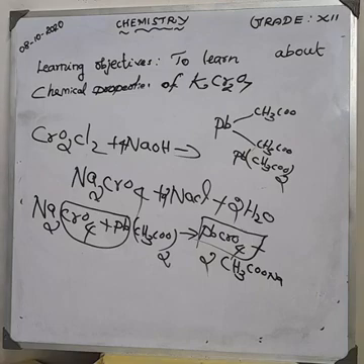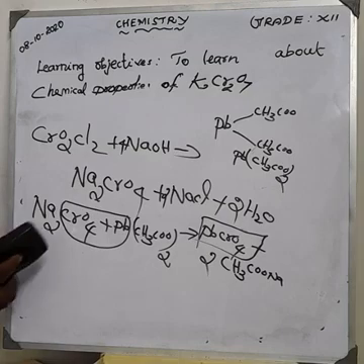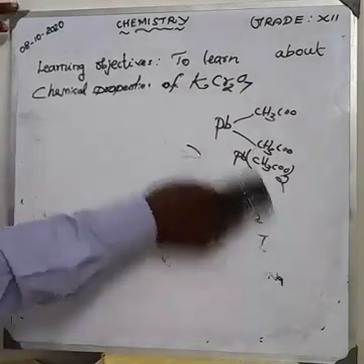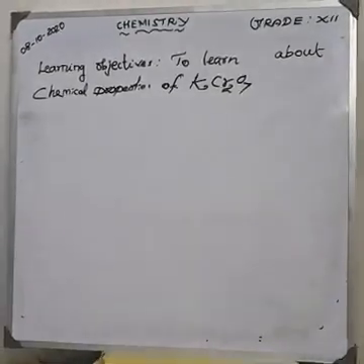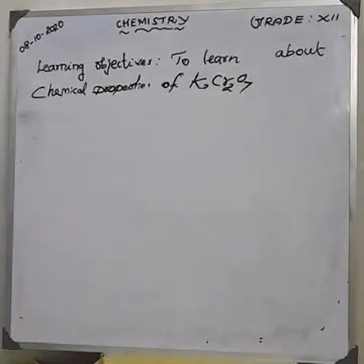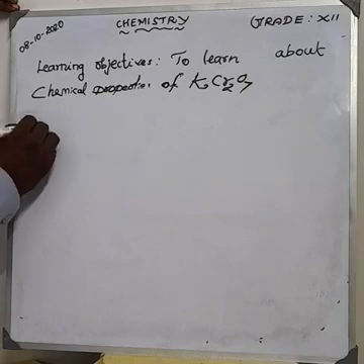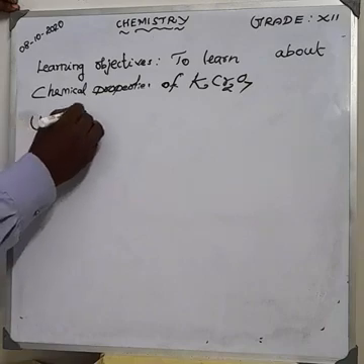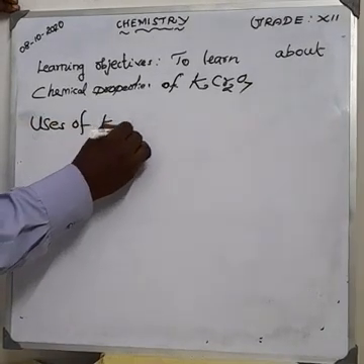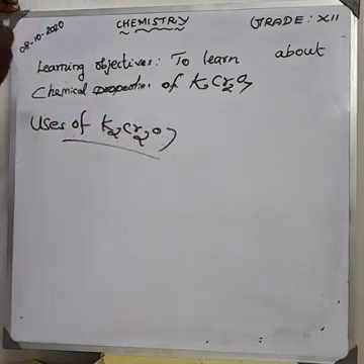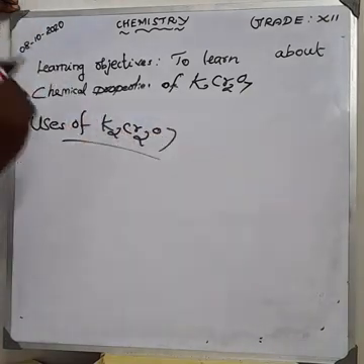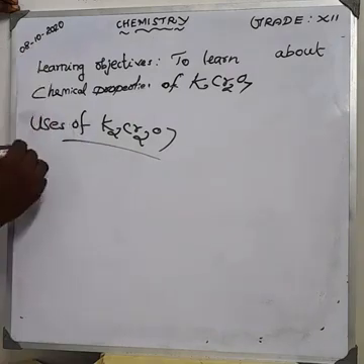Okay. Next, about what are the uses? What are the uses of potassium dichromate? The important question. For the 2 mark question, especially this area, chromyl chloride is very, very important. First one is, what are the uses of potassium dichromate? Already told you it is used as a strong oxidizing agent.